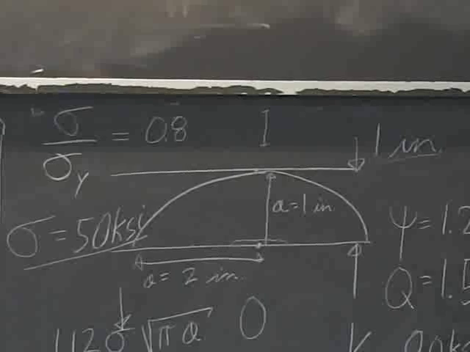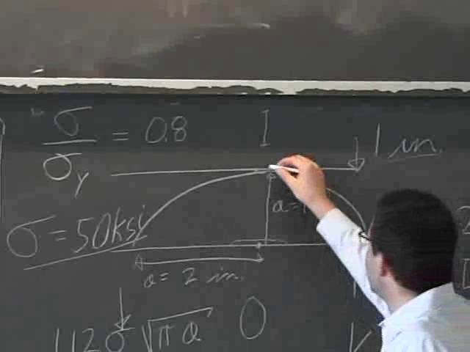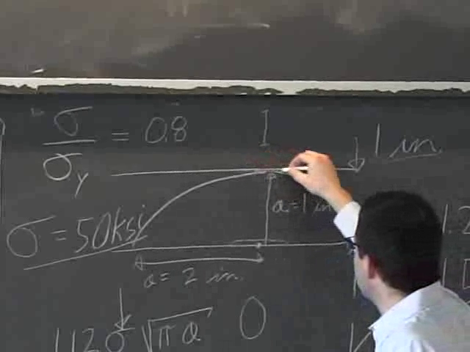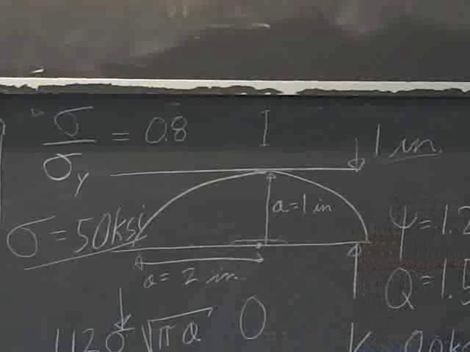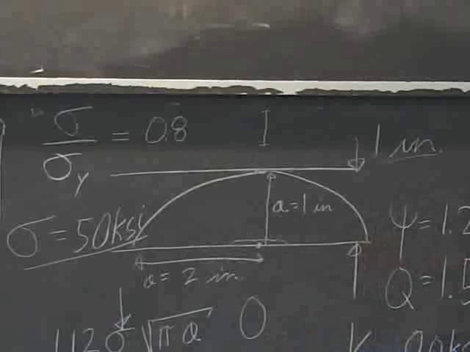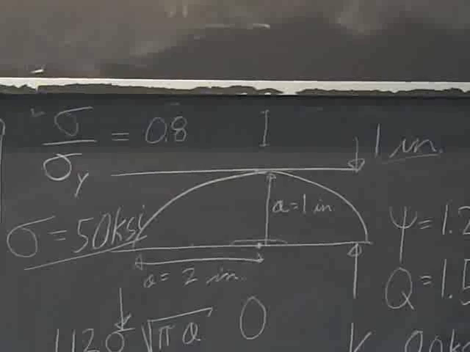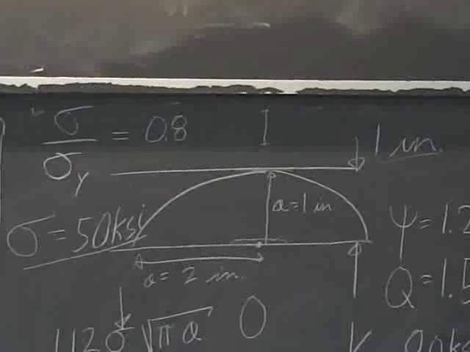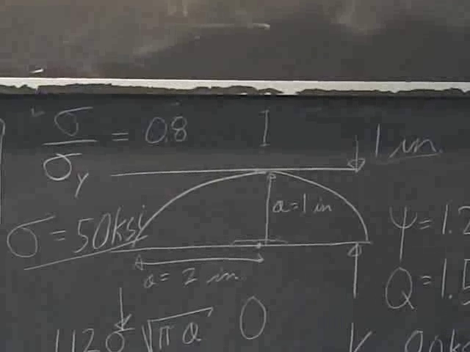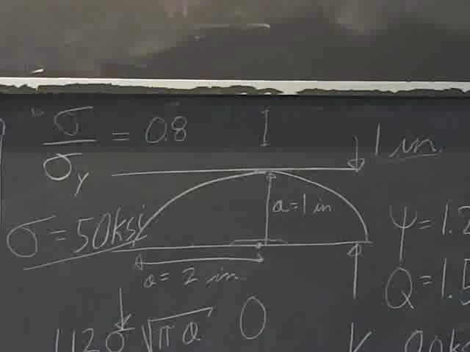One of the issues sometimes is that this will become a little ligament, and it will be in a plane stress condition, so it's not going to be as constrained, and it can pull and essentially prevent the leakage. So you do need some safety factor in this whole analysis, because as you get close to the end of the thickness, the sample will be more free to stretch as opposed to cracking.